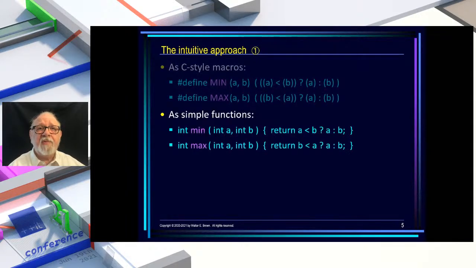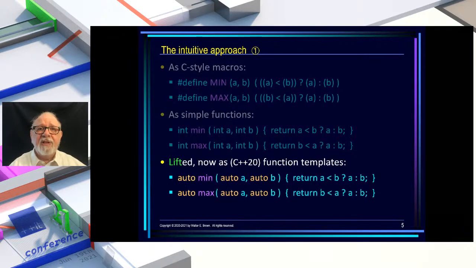Most of us in the C++ world prefer functions over macros, and so we write code which is more or less the same algorithm, but with slightly different syntax. And of course, so that we don't have to write a version of this for int and a version of this for unsigned and a version of this for double and float and char and string and my type and your type, we lift this and write it as function templates. This is C++20 style.